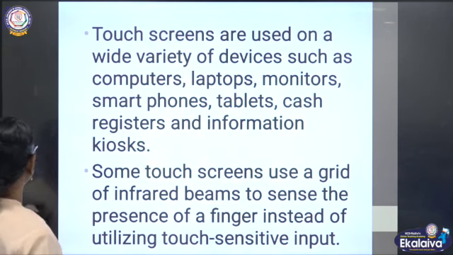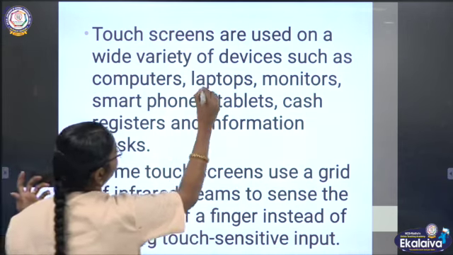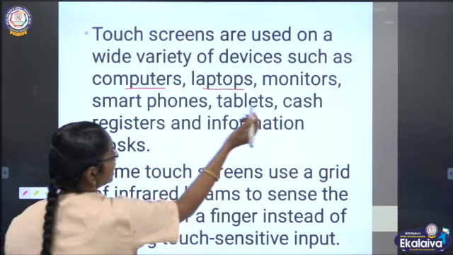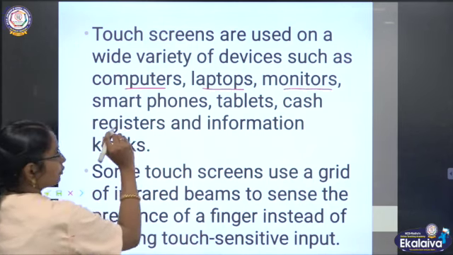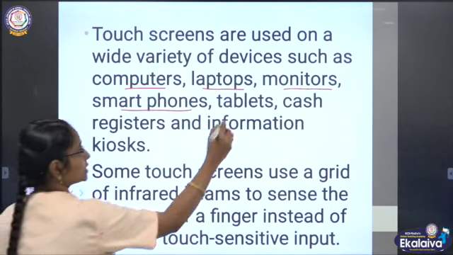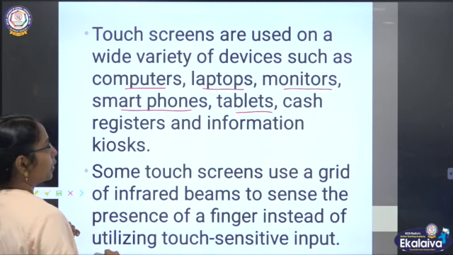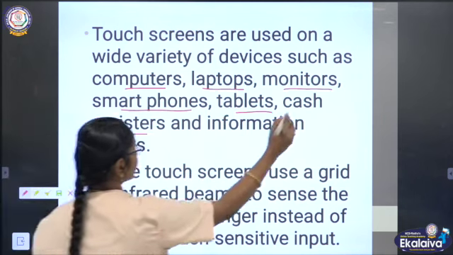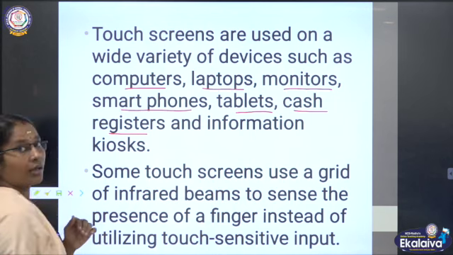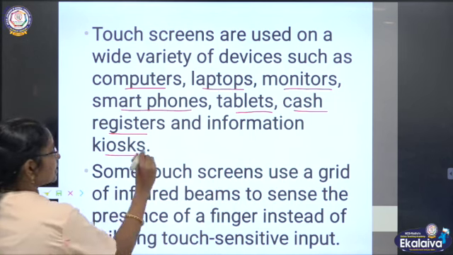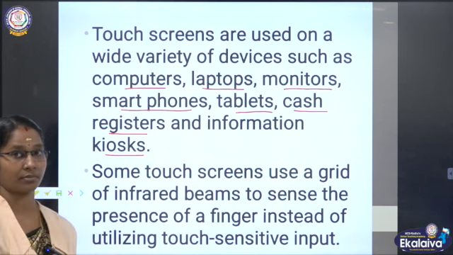We can use the touch screen in laptop, desktop computers with different types of monitors, smartphones, tablets, even with the cash registers, and information kiosks.